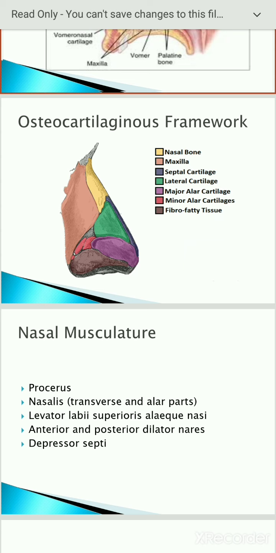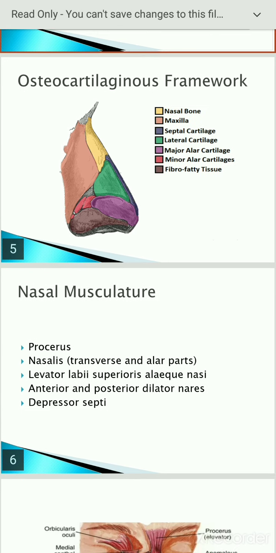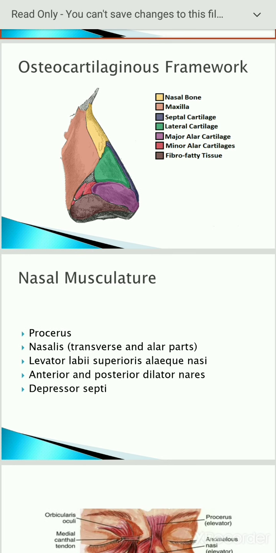Green is lateral cartilage. U-shaped alar cartilage, which are major alar cartilage. Red color is for minor alar cartilages and fibrofatty tissue inferiorly.